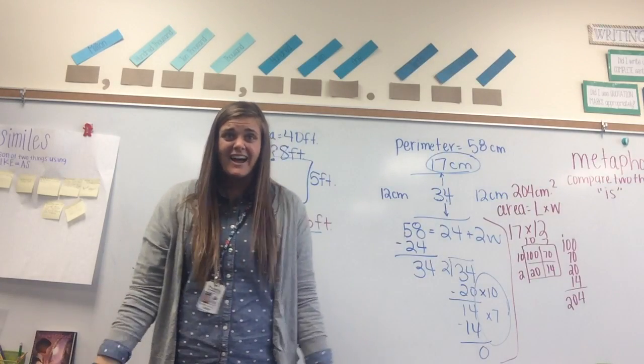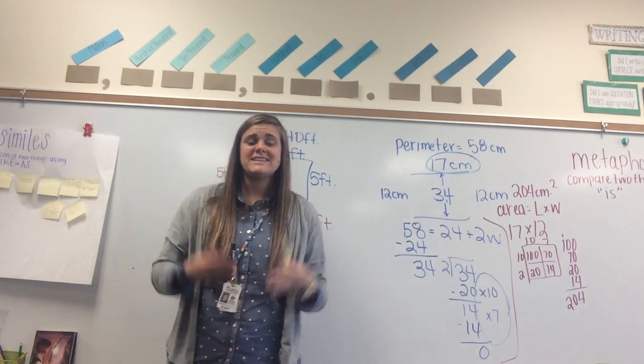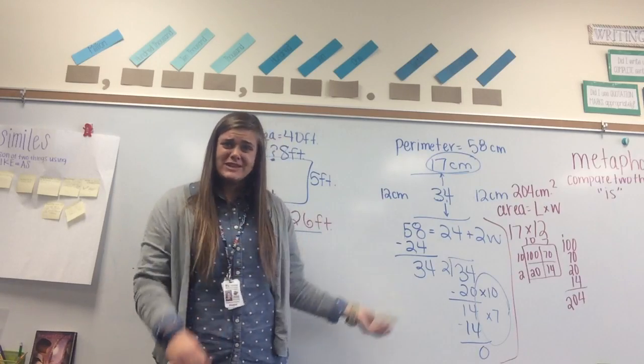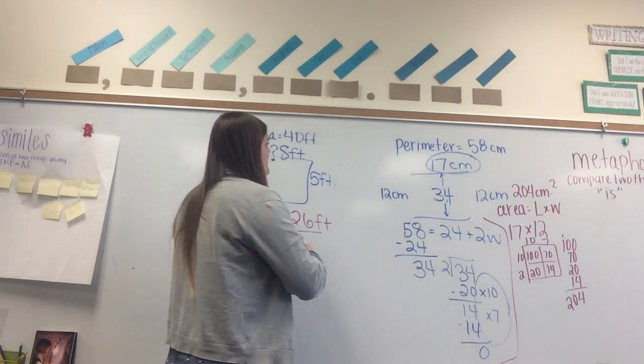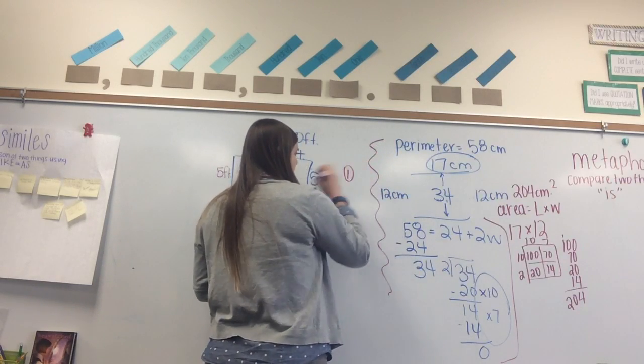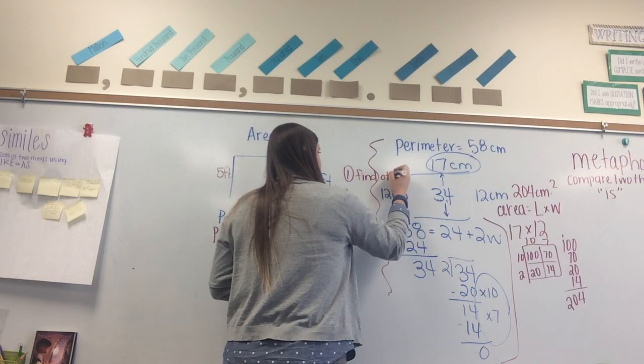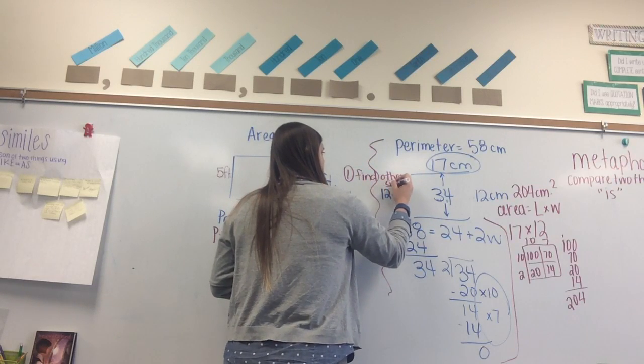That was a lot. But we have to do a lot of work when we're given just the perimeter, because we need to add, subtract, and then we need to divide. So if you want to know steps for finding perimeter, you, 1, find the other side, like this 12.